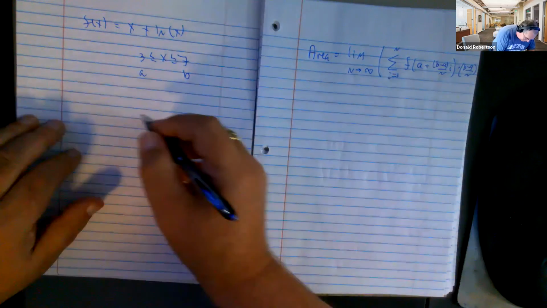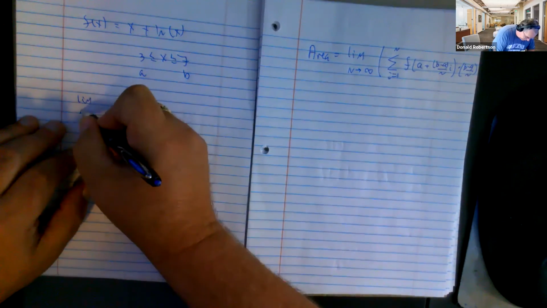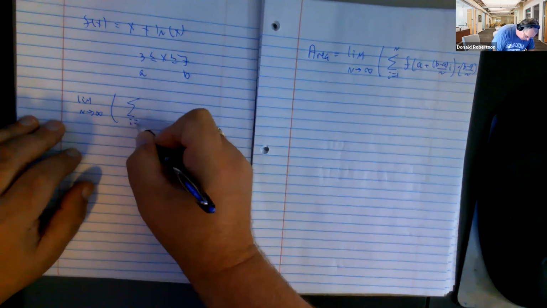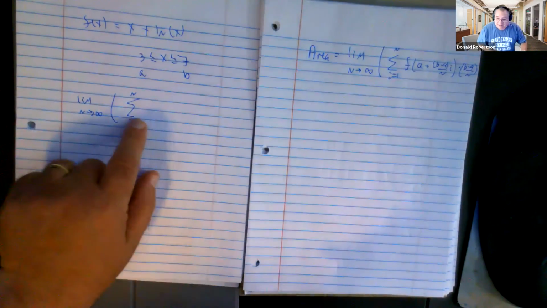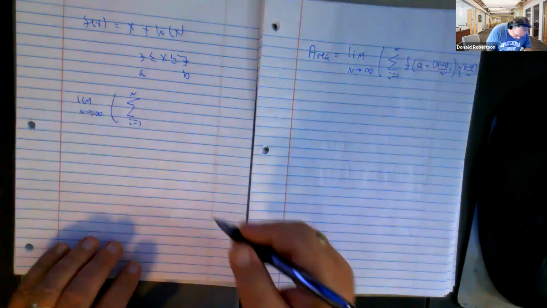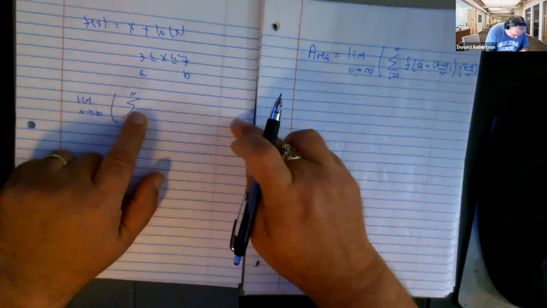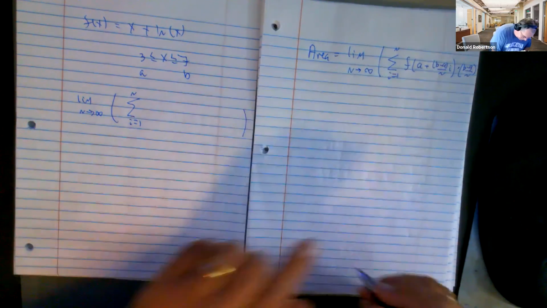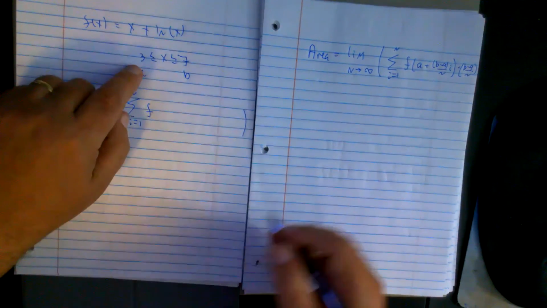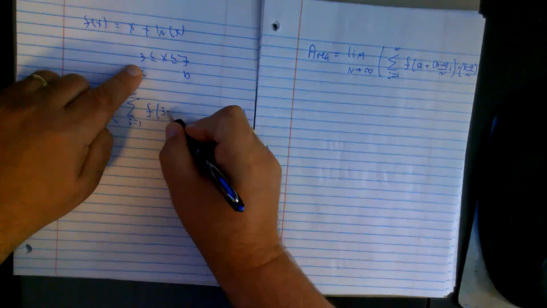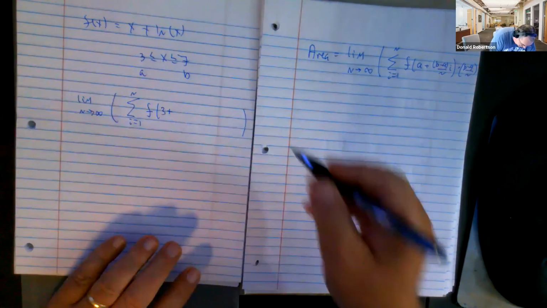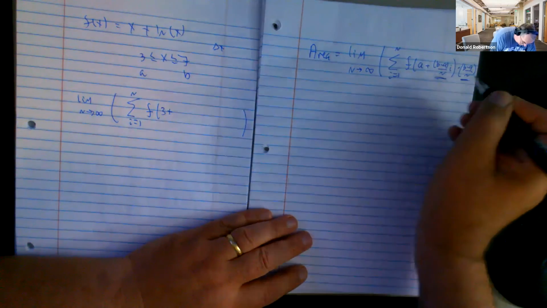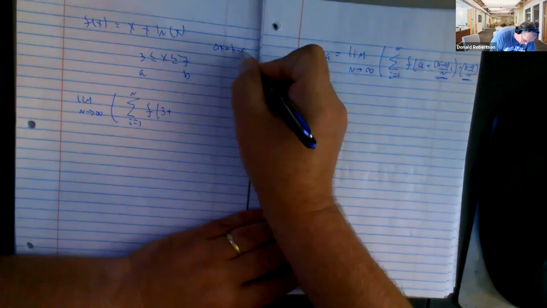It's going to be the limit as n tends to infinity of sigma i equals 1 to n. That bit they actually give you, right? We're basically filling in the middle. So it's the value of the function at a, which is 3, plus, okay, delta x, that's basically delta x here and here. It's b minus a over n.